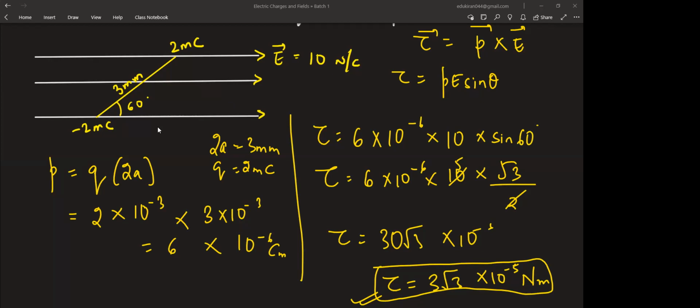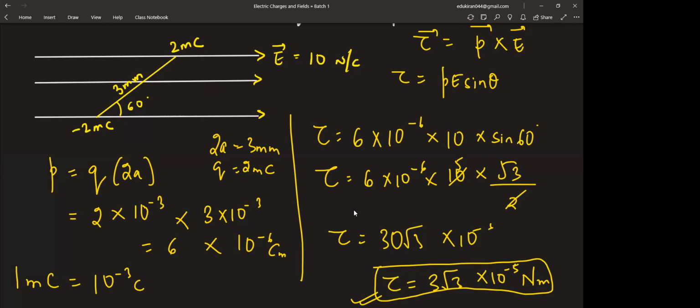I have told you the dipole moment's formula is take the charge and multiply it with the separation. What is the charge? 2 millicoulomb, right? See, milli. So 1 millicoulomb will be equal to 10 to the power minus 3 coulomb. So that's why we have multiplied this. So we have obtained 6 into 10 to the power minus 6. This is the dipole moment.